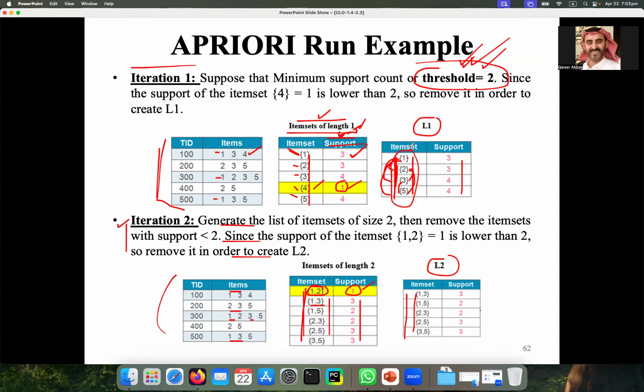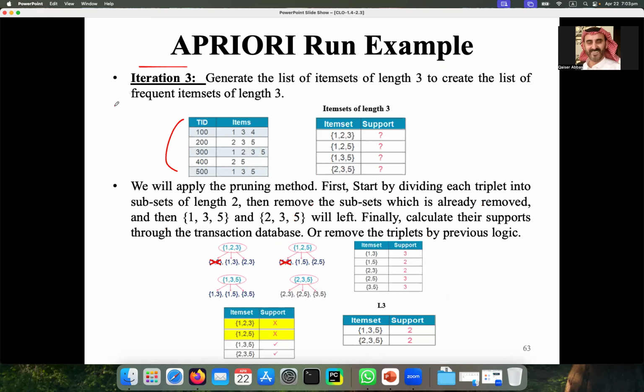And then I will make possible triplets from these three. For example, I will write them 1, 2, 3, and 5 here. So one triplet is 1, 2, 3. The other is 2, 3, 5.